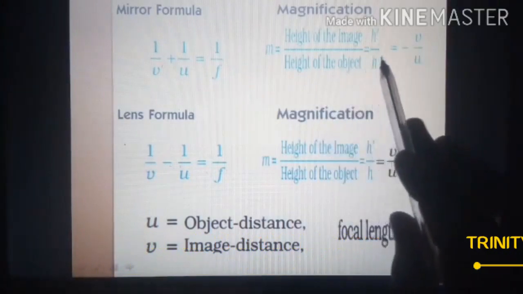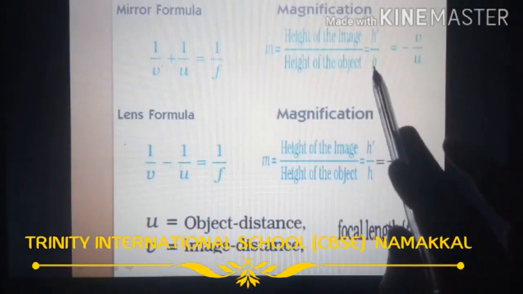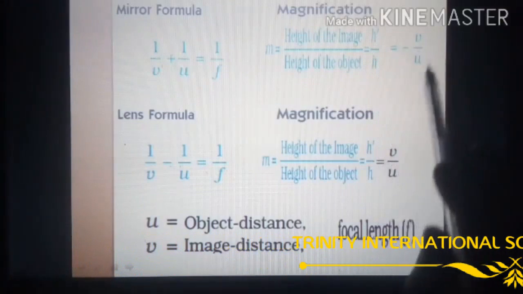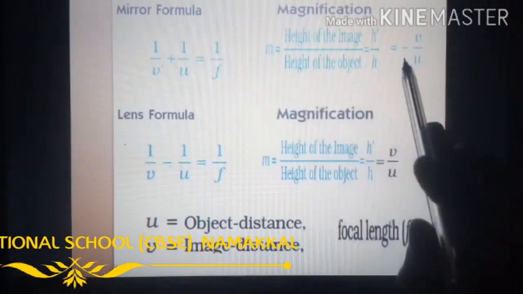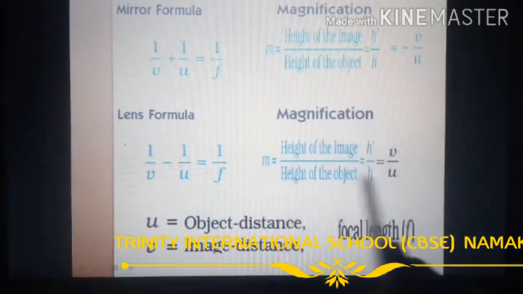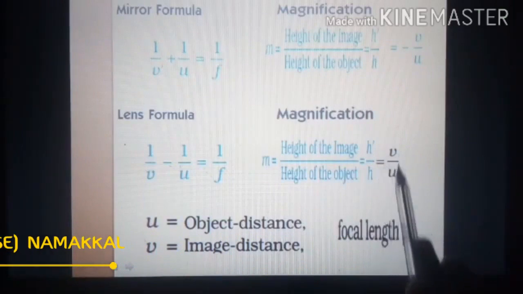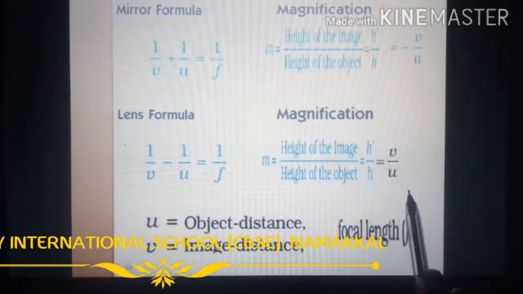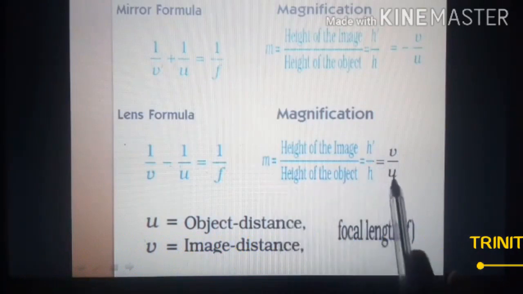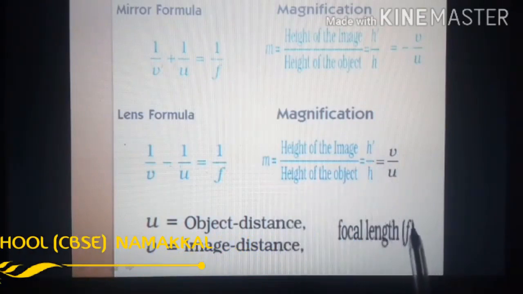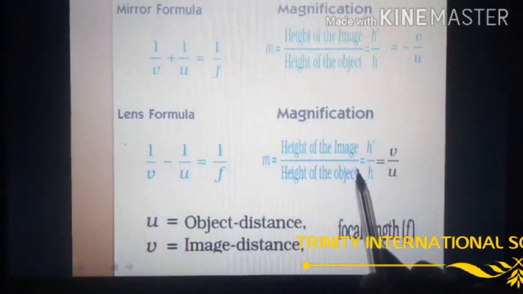By using these formulas, the object height, the image height, and the nature of the image can be calculated. For lenses, magnification m equal to h dash by h equal to v by u. Magnification for real images will always be negative, and magnification for virtual images is always positive. By solving problems, we can easily understand these things.